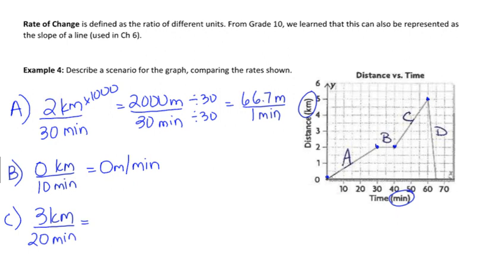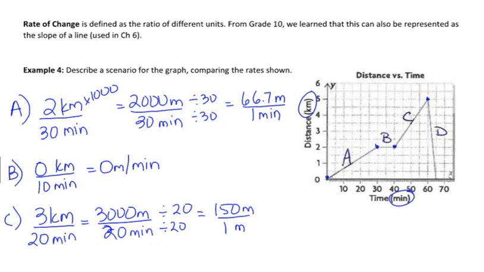So again, just changing that to meters. It'll be 3,000 meters in 20 minutes. So then per minute, divide by 20, will be 150 meters per minute, in 1 minute.